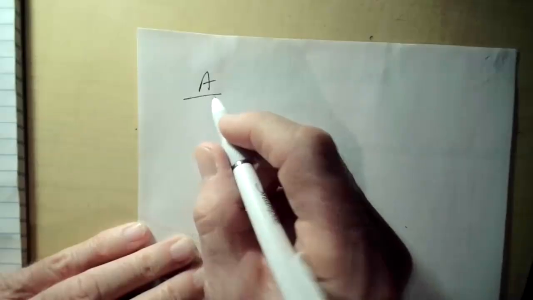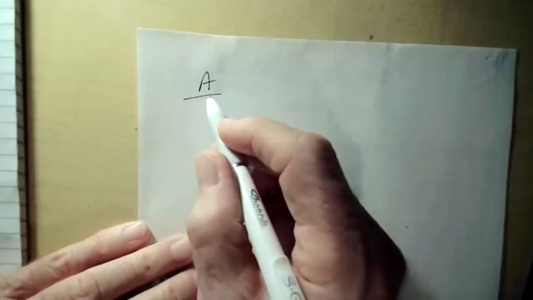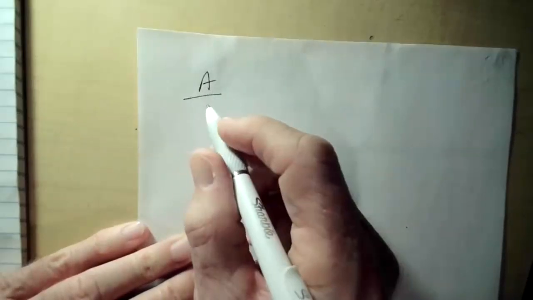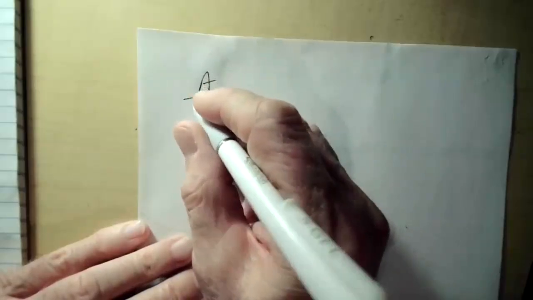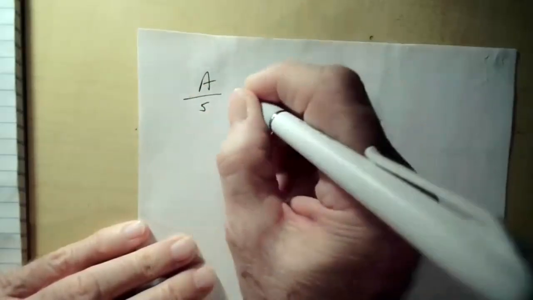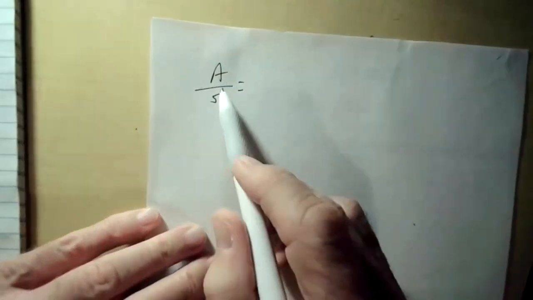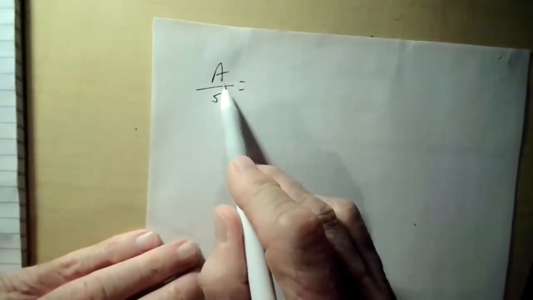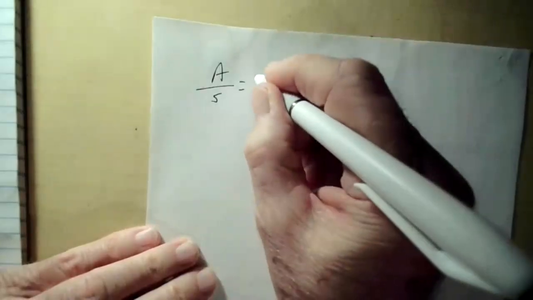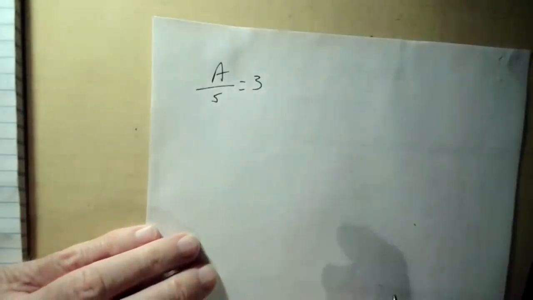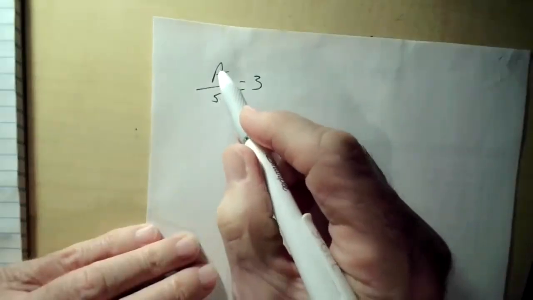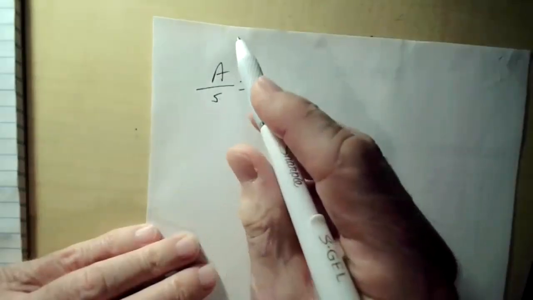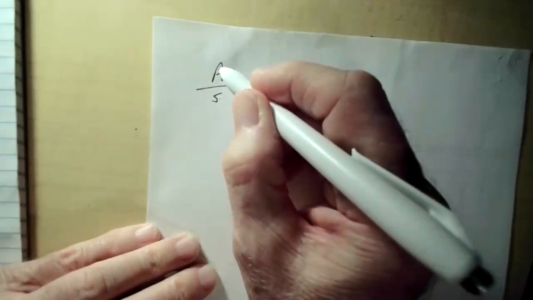It means divided by, it means per, for each, for every. Now, how do we undo division? Multiplication, right? This is A divided by 5.